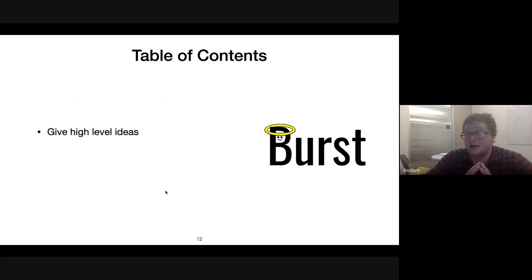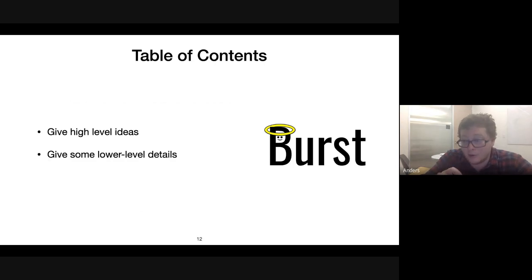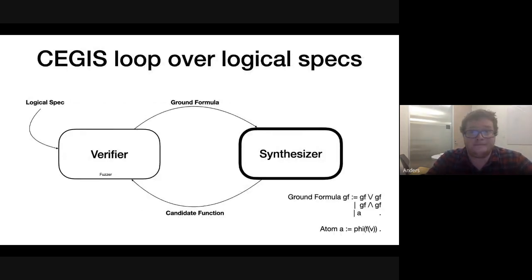In this talk, I'm planning on giving some high-level ideas about our algorithm. Then I'm going to give a little bit more detail about the specifics, and then I'm going to get really nitty-gritty, if we have time, to give some of the really fun details. Essentially, what we're doing is a CGIS loop over logical specs.